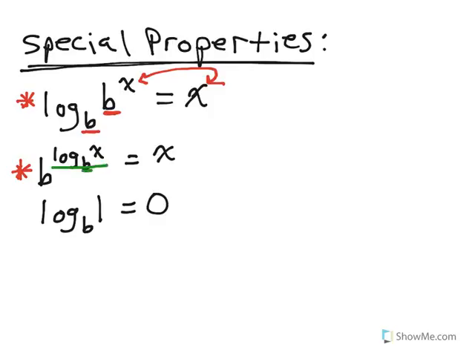When the base on the exponent is the same as the base here, the answer again is x. The next special property, log base b of 1 equals 0. Whenever you have a 1 right here, the answer is 0 because the base to a power of 0 equals 1.